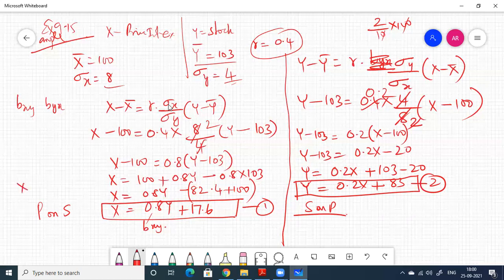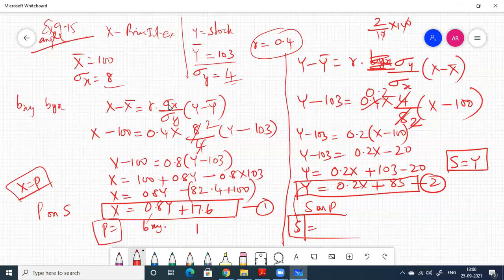Because instead of P, we took X, and instead of S, we took Y. So this is P on X, and this is Y on X. When the left hand side is standing alone, it is that on the other one. When the left hand side is P, that is P on S. You can even say b of P on S. If we change the symbols, you will get confused. Just use the same symbols.